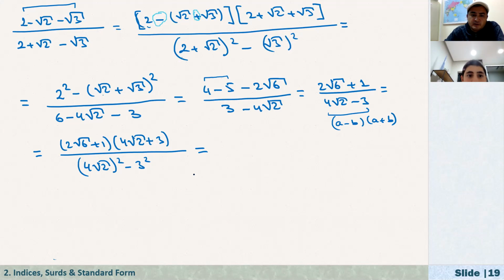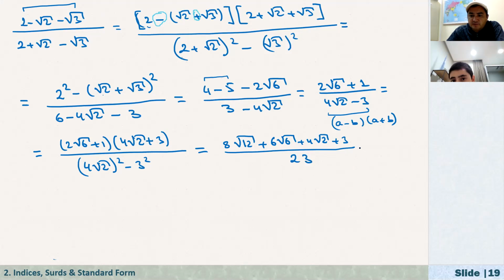So here we have 2 square root of 6 times 4 square root of 2, that is 8 square root of 12. Plus 3 times 2, it is 6 square root of 6. 1 times 4 square root of 2, that is 4 square root of 2. And here we have 3 over, and this one is 8, 16, 32 minus 9, that is 23.